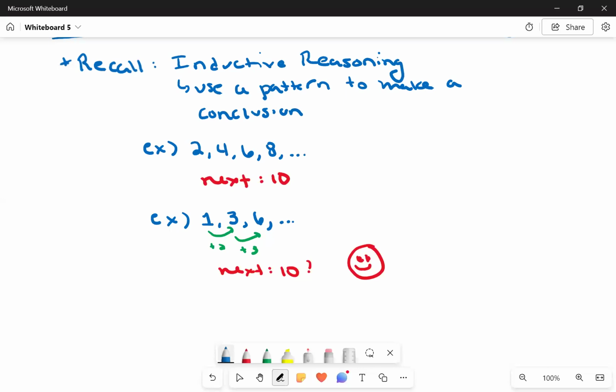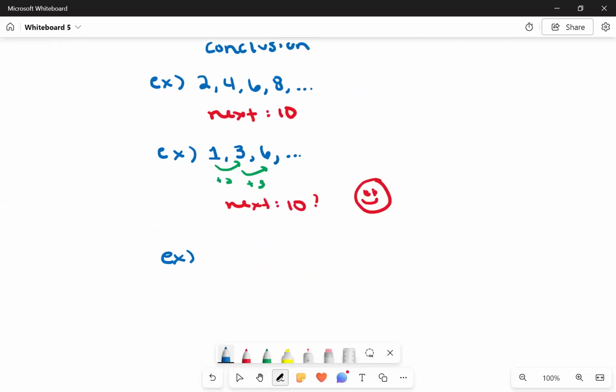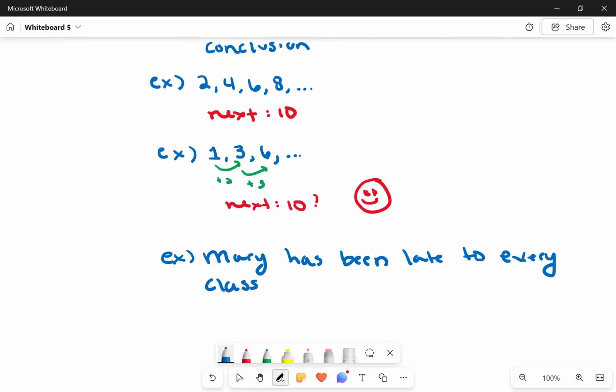Another example of inductive reasoning, and this is more like something we might do in our everyday life. Let's say Mary has been late to every class so far. Obviously, this is a class that requires attendance.